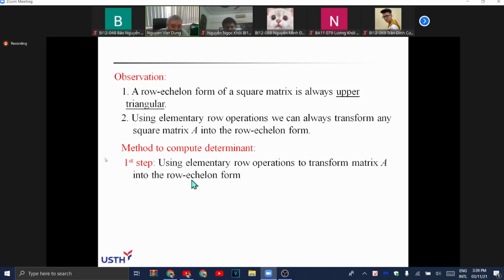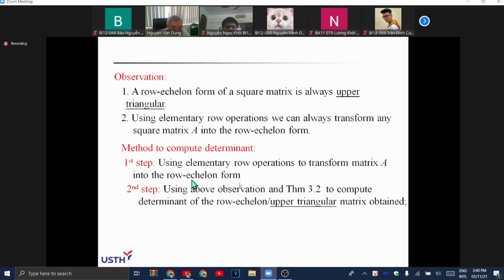The first step, we use elementary row operations to transform the square matrix A into row echelon form. The second step, because the row echelon form of a square matrix is upper triangular, we can find the determinant.